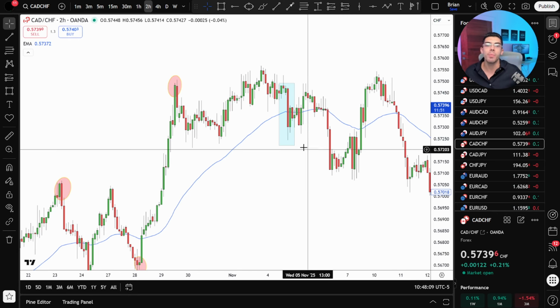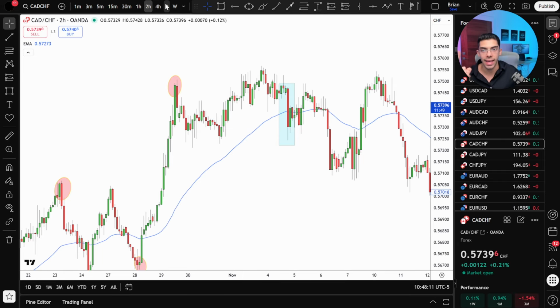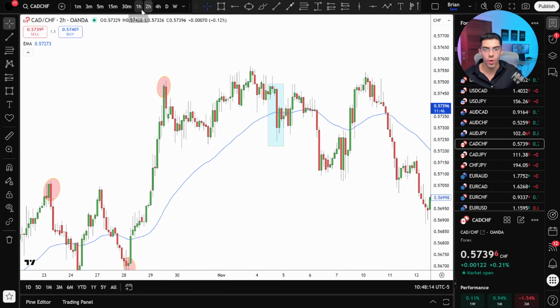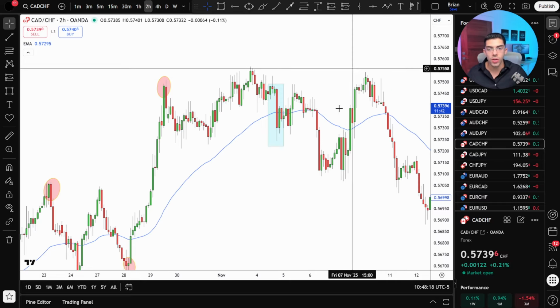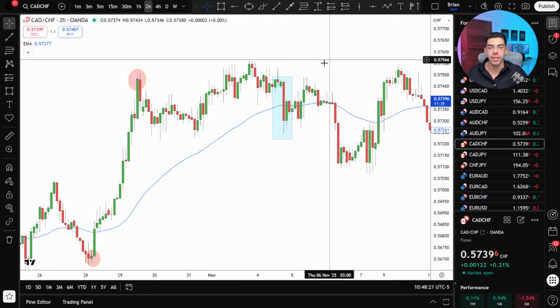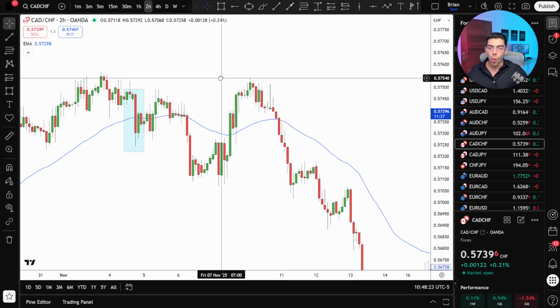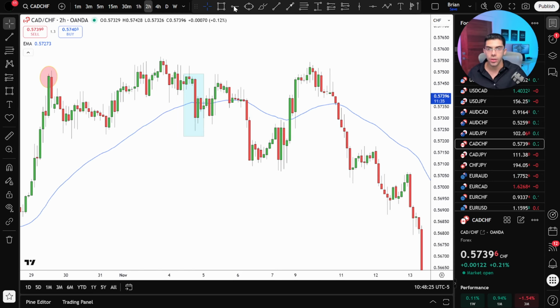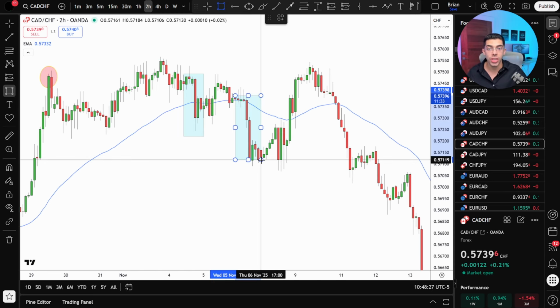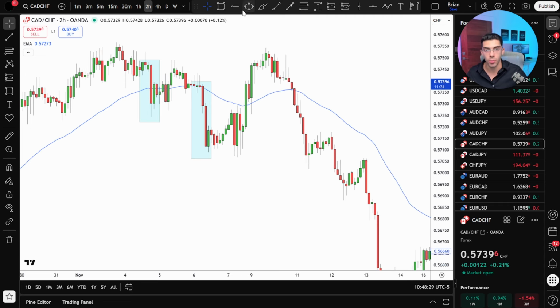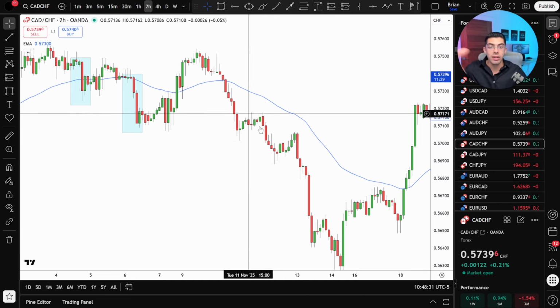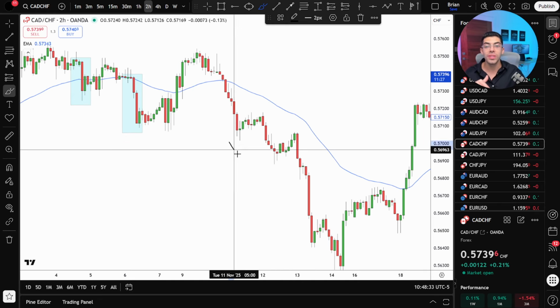And in this case, it happened in just one 2-hour candle. I'm sure if we switch it into the 1-hour time frame, you would be able to see it even bigger and in more detail. But just off the top here, you can see that movement was out of character. What happened after this? We continued to make more bearish momentum moves, and eventually the whole entire trend flipped to the downside.